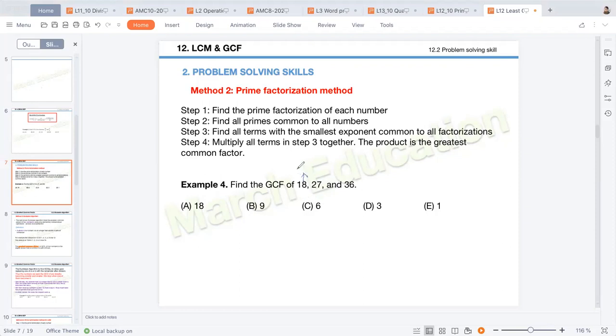I just find the common part. This equals 2 times 3 times 3. And this equals 3 times 3 times 3. And this equals 2 times 2 times 3 times 3. Okay, what is the common factor? Please send it to me.